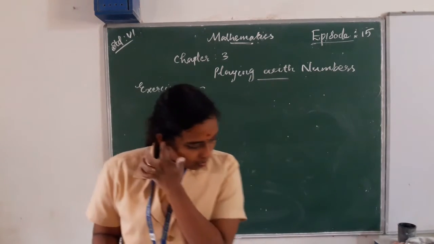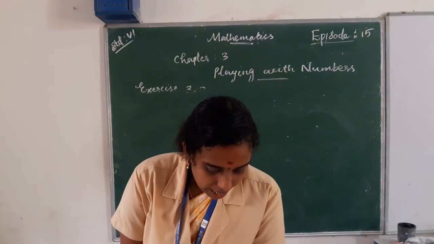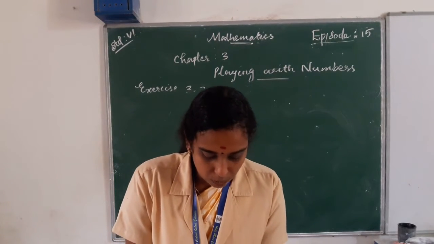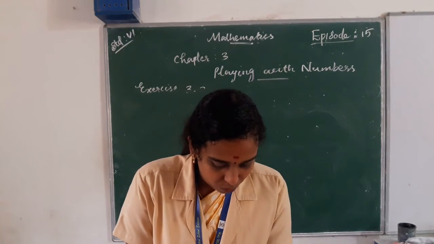And question number 11. Write 5 pairs of prime numbers less than 20 whose sum is divisible by 5.